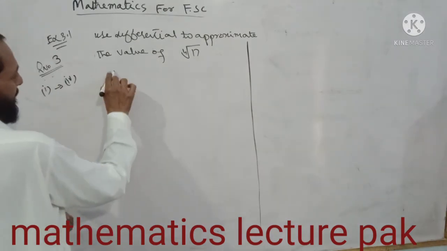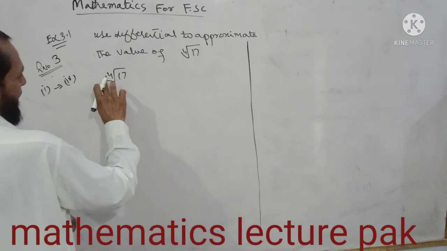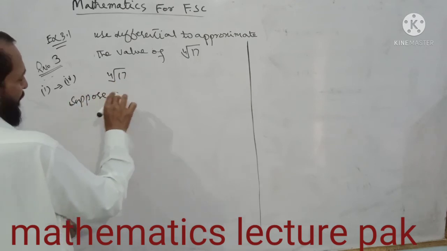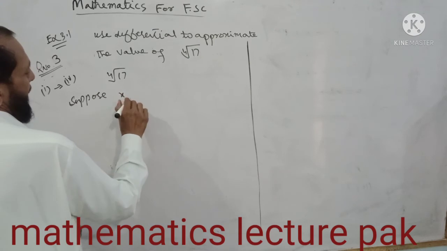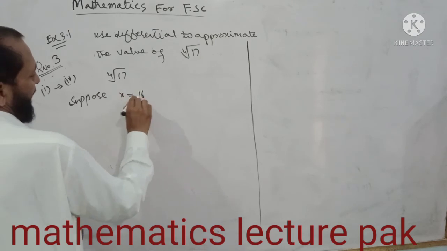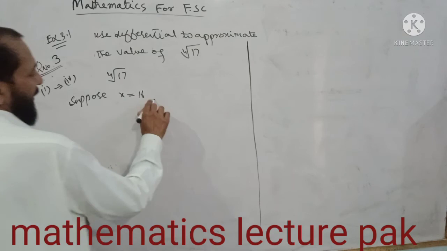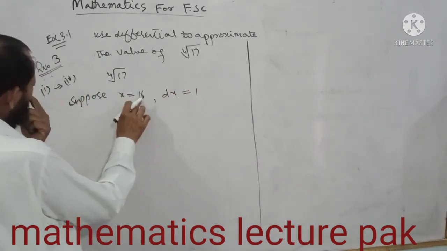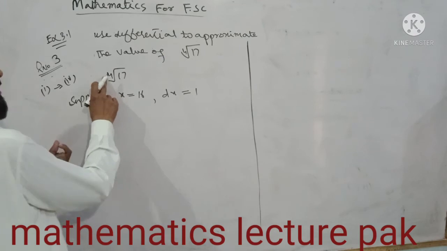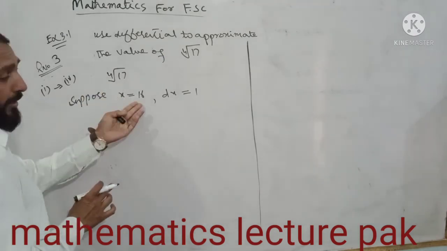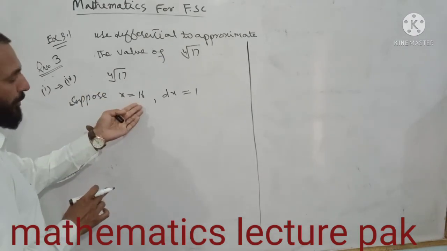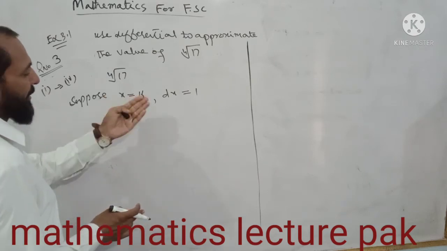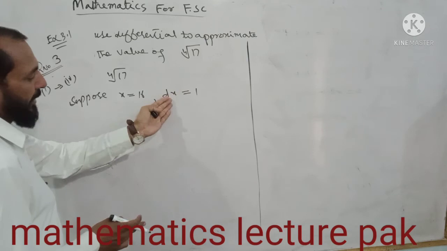First of all, suppose x is equal to 16 and dx is equal to 1. The value of x is equal to 16. Here the value is the fourth root, 1 over 4, so we can write it as 2 raised to a power. So we write this value, not other values, and the remaining value contains 1 which is the dx.